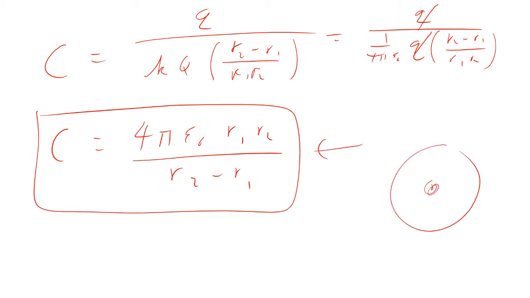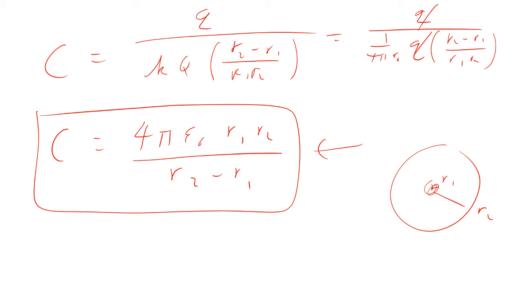And so all you need to know is the R1 and the R2, and the rest of that is just the geometry, the 4 pi epsilon naught. And so again, notice what normally happens when we get to calculating capacitance is there's going to be an epsilon naught in there, and then the rest of this comes down to the geometry of how we have things laid out.